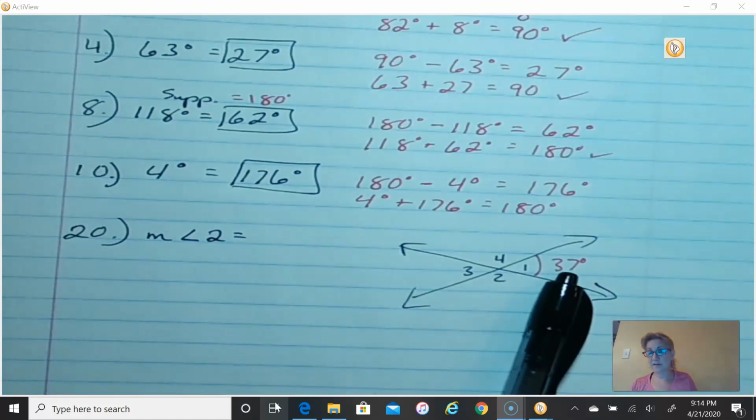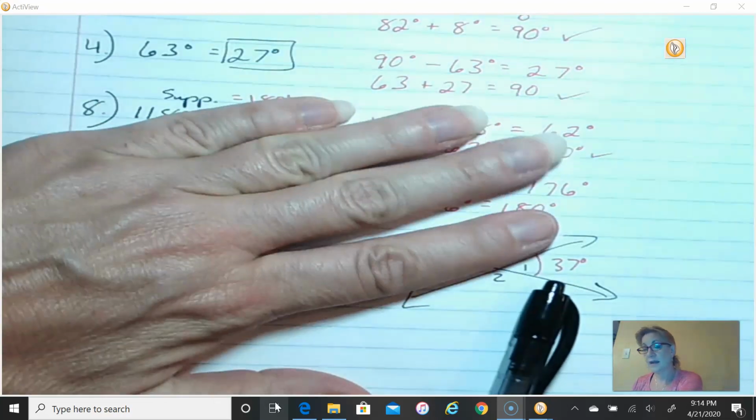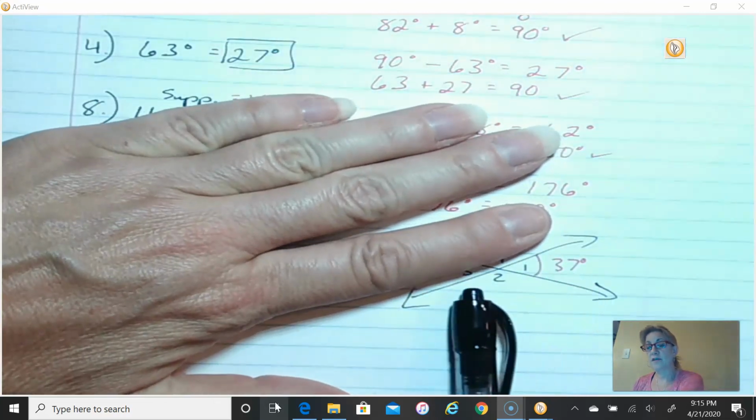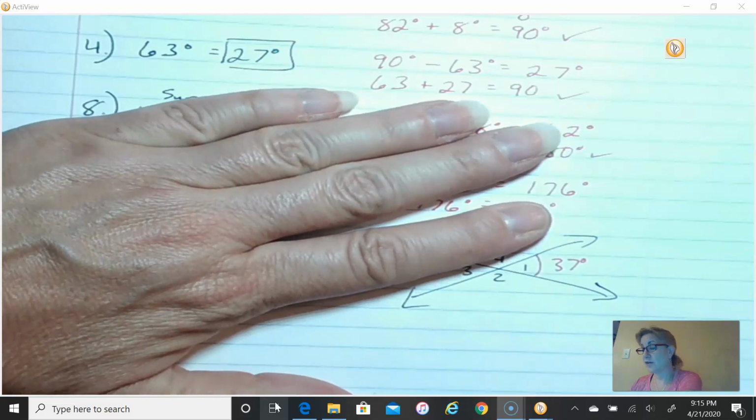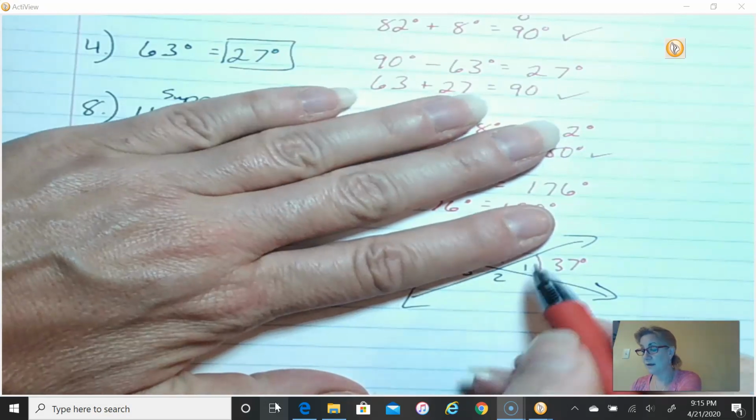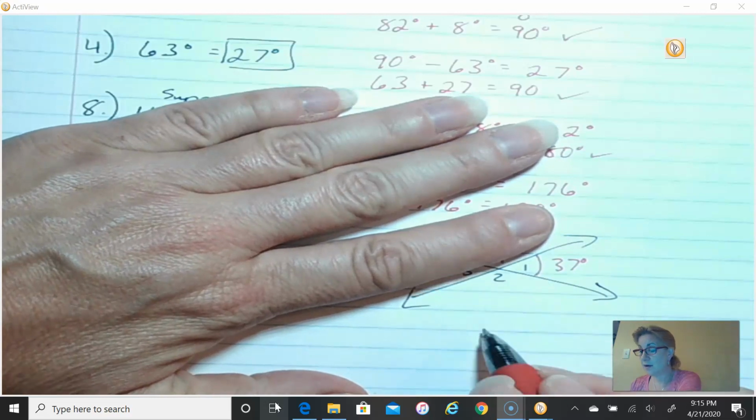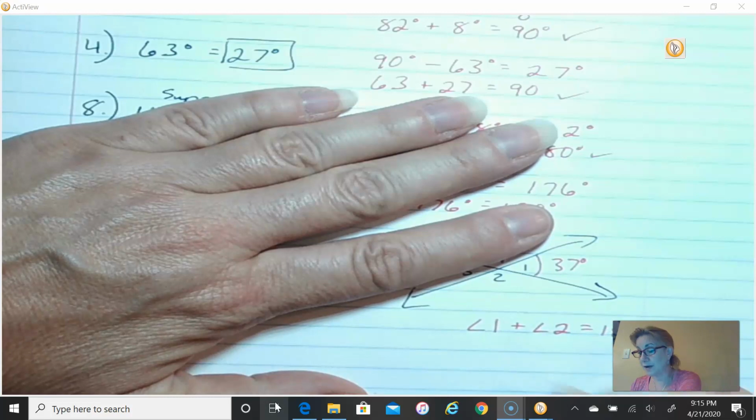If angle 1 is 37, and if angle 1 and 2 form a straight line, that's 180. Angle 1 plus angle 2 equals 180 degrees.